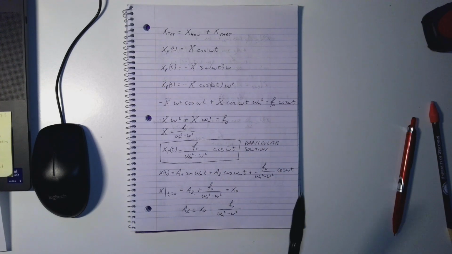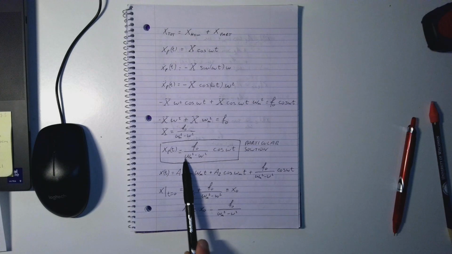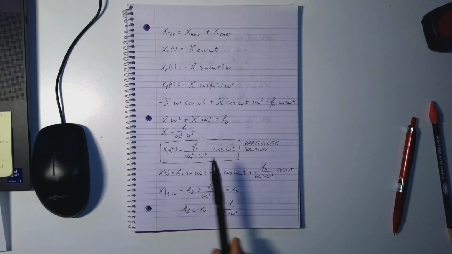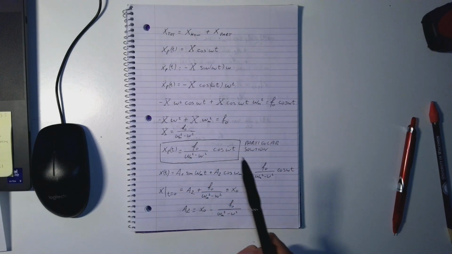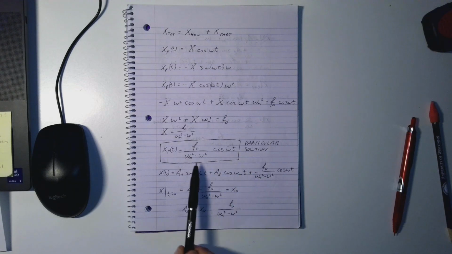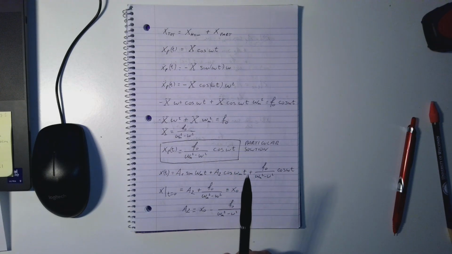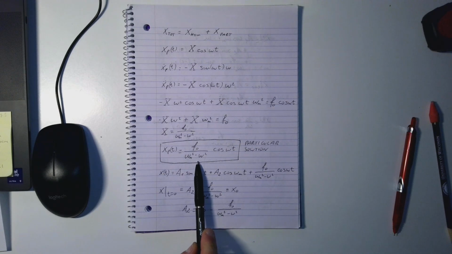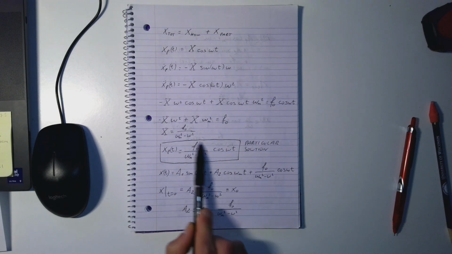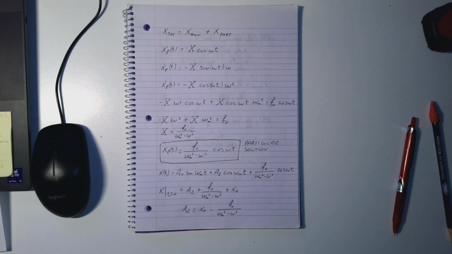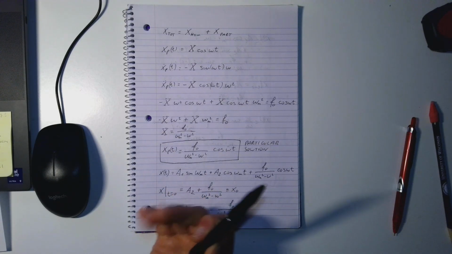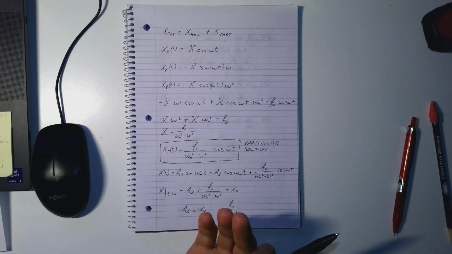In a case in which omega_n is equal to omega, omega_n squared is also equal to omega squared, so this difference will be equal to 0. If this difference is equal to 0, this quantity goes to infinity, which mathematically is acceptable, but physically is not.